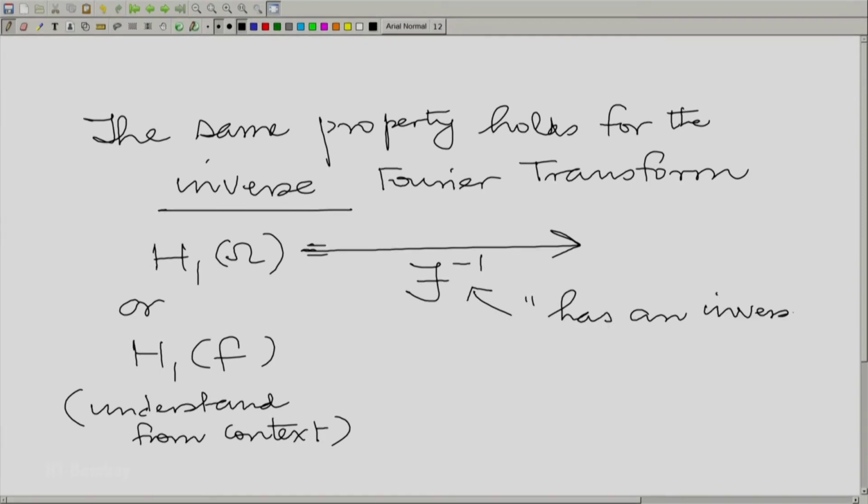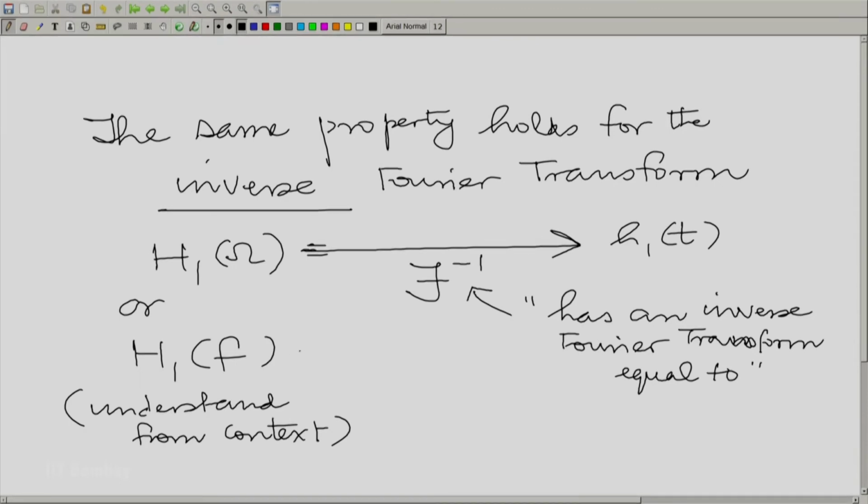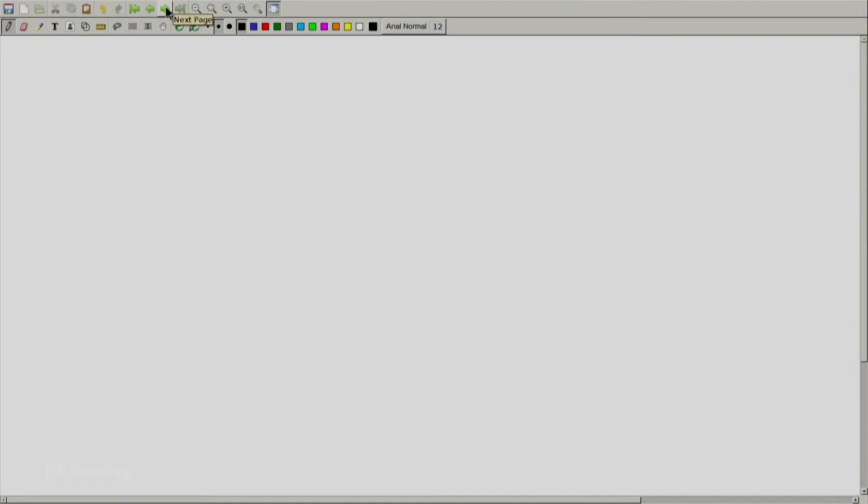has an inverse Fourier transform equal to h1(t), and we will use the same symbol here. From the context it will be clear. The only difference is how we interpret that symbol, and the interpretation just has a small difference of a constant.